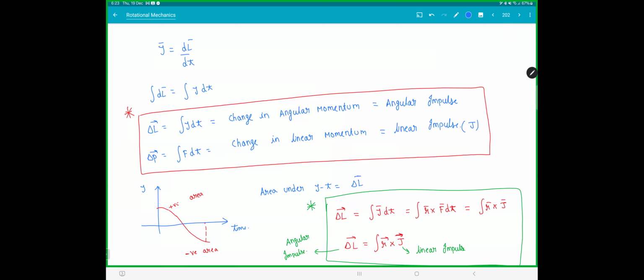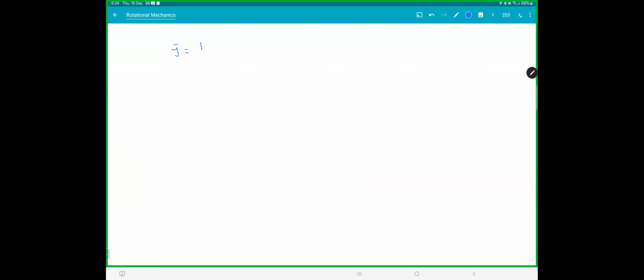Any doubts on this? Next thing. We have torque equal to dL by dt.